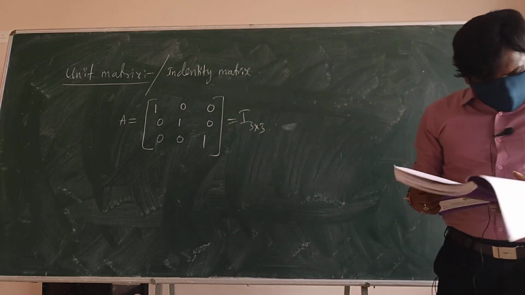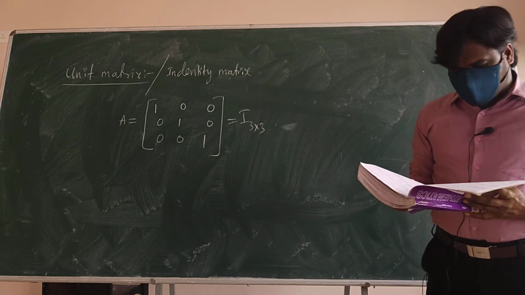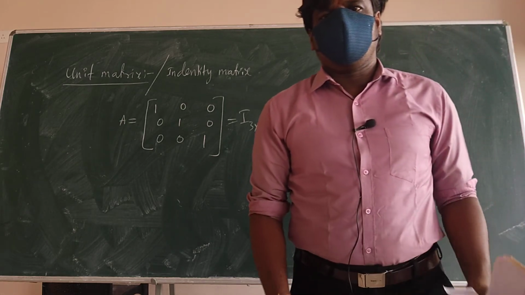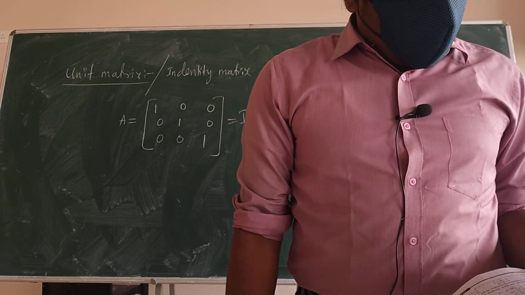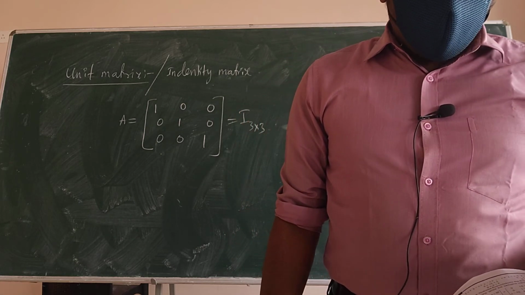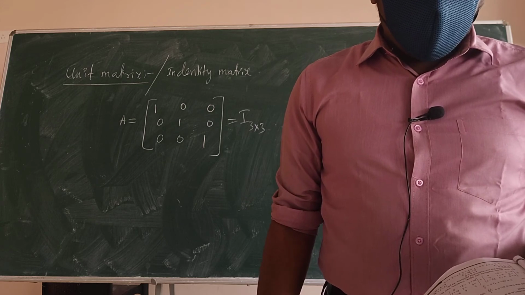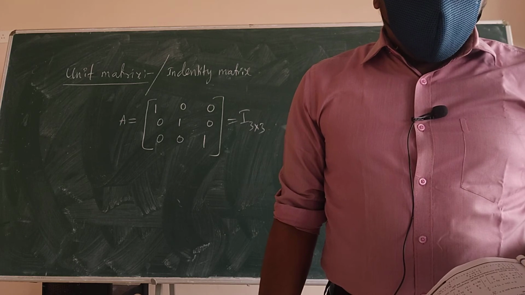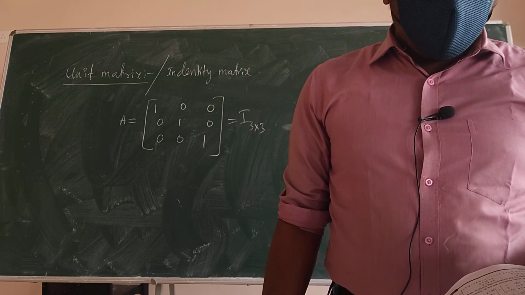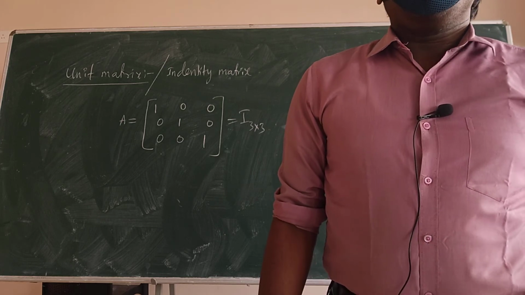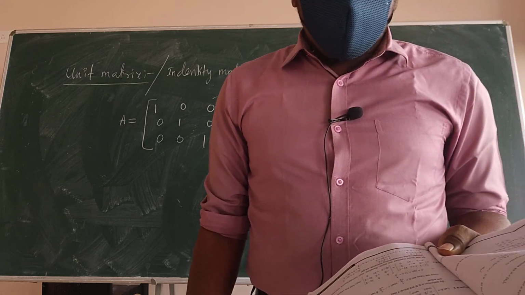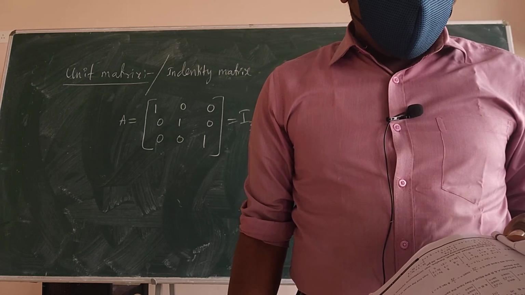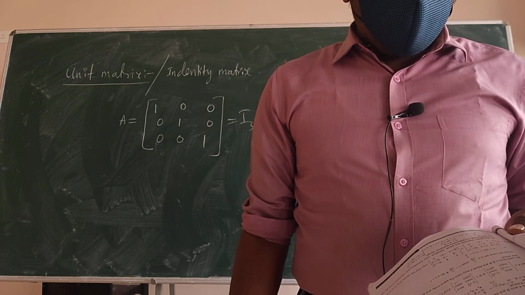So the definition is like this. A unit matrix is a diagonal matrix in which all the diagonal elements are unity.